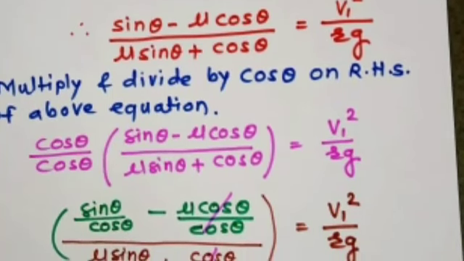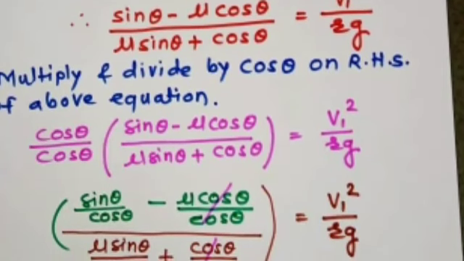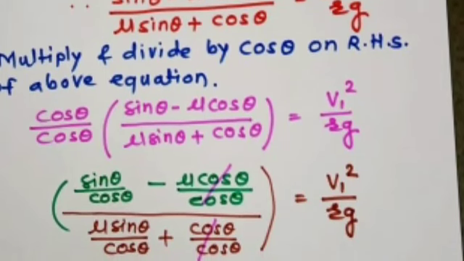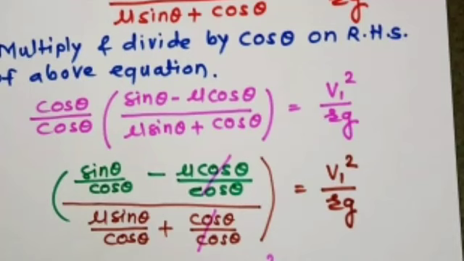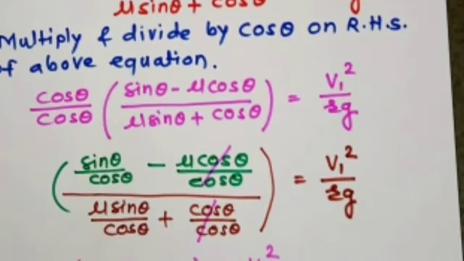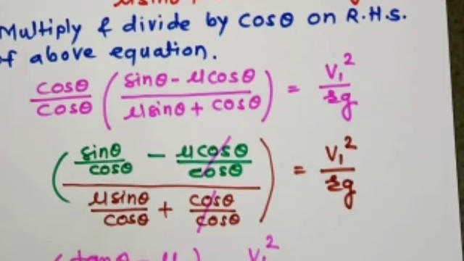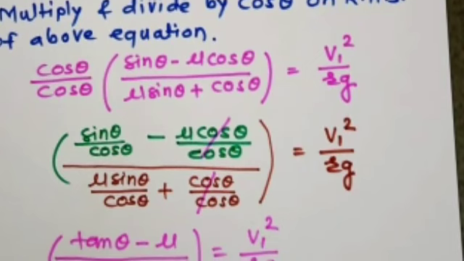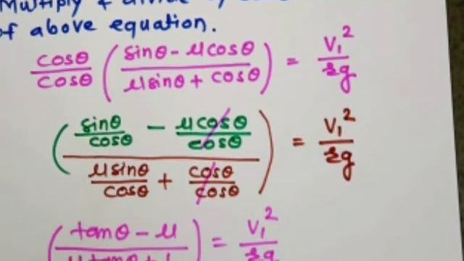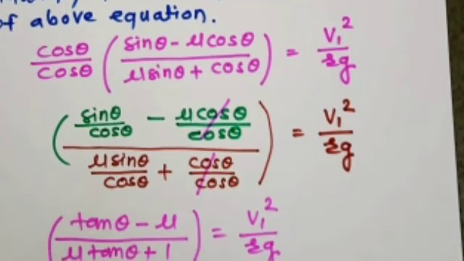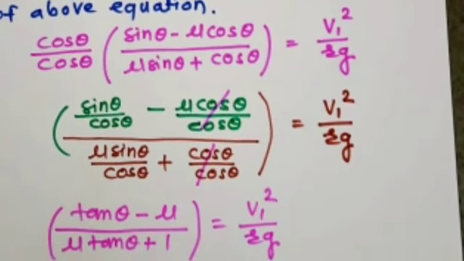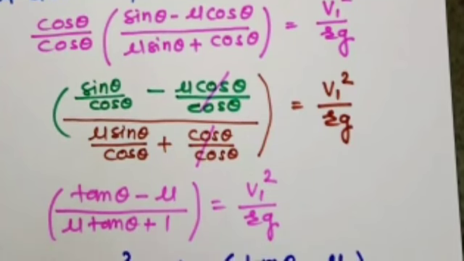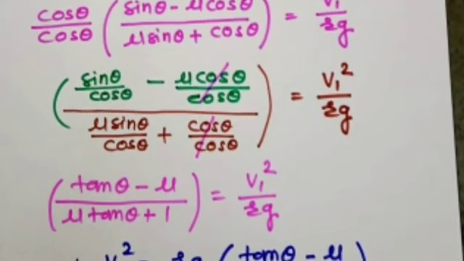Taking cos theta inside, we can write (sin theta upon cos theta minus mu cos theta upon cos theta) upon (mu sin theta upon cos theta plus cos theta upon cos theta) equal to v1 square upon Rg. So cos theta gets cancelled and sin theta upon cos theta becomes tan theta. Therefore (tan theta minus mu) upon (mu tan theta plus 1) is equal to v1 square upon Rg.